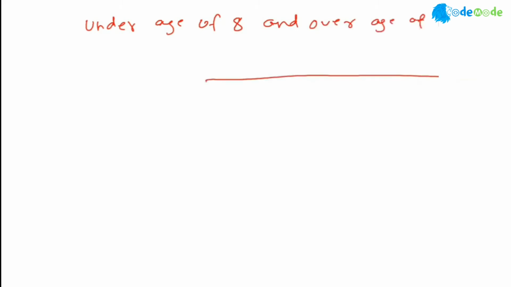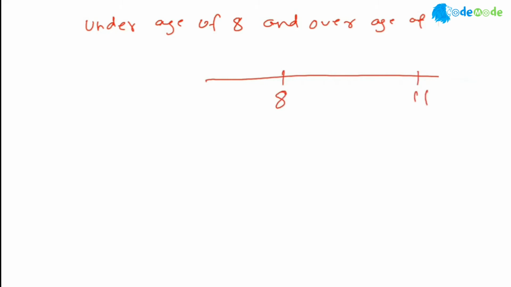I say, find all the students who are under the age of 8 and over the age of 11. So under age of 8 and over age of 11. So if you draw a line chart, you're saying this is 8, this is 11.